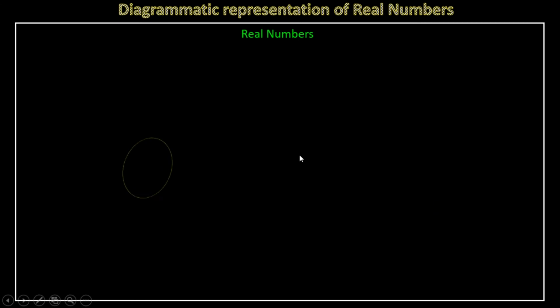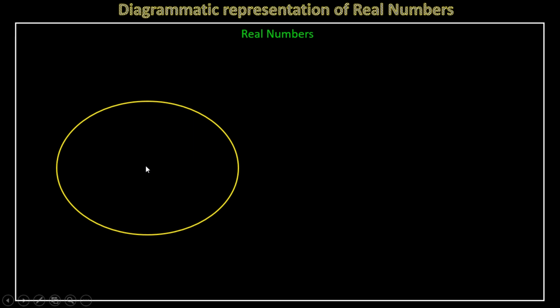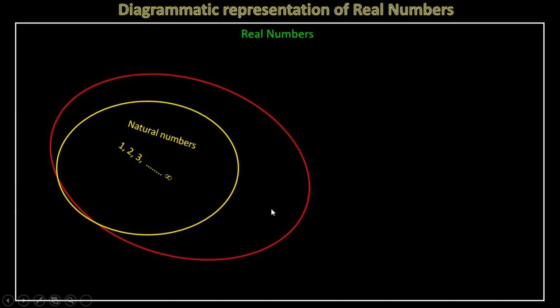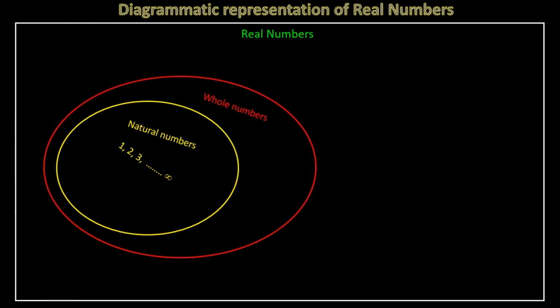First I will start with natural numbers. You know the natural numbers, 1 2 3, from plus 1 to plus infinity. And after natural numbers, you will see the whole numbers.